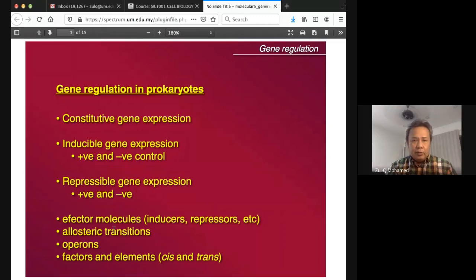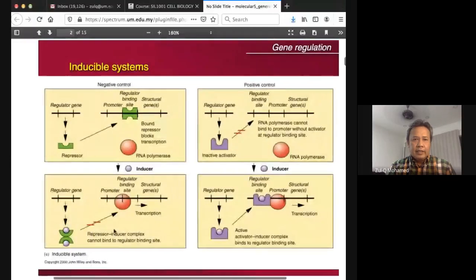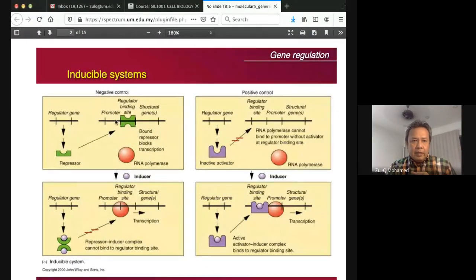For example, you're going to see this later. Look at this green molecule. This is a repressor molecule. In the top situation, it binds to the DNA. Actually, it's a dimer, which means there are two molecules of repressor binding to the DNA. But if you see this, there's an inducer molecule here. If the inducer binds to the repressor, it changes the shape.